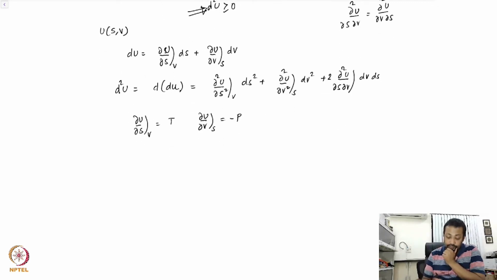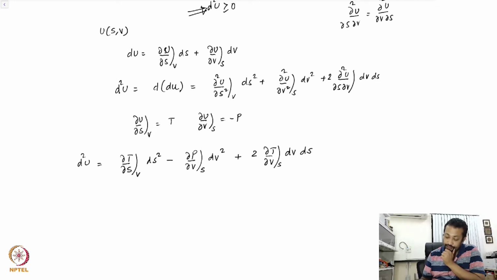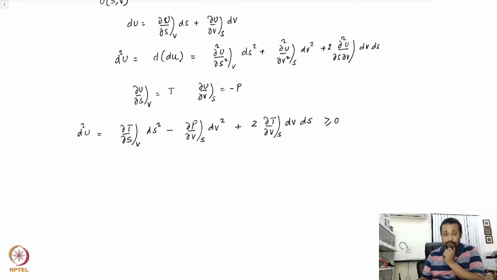So if I use this, then it follows that d2U is equal to (del T/del S) at constant V dS square, plus, it's minus because this is (del P/del V) at constant S dV square, plus twice (del T/del V) at constant S dV dS, and our minimization principle means that this must be greater than or equal to 0.